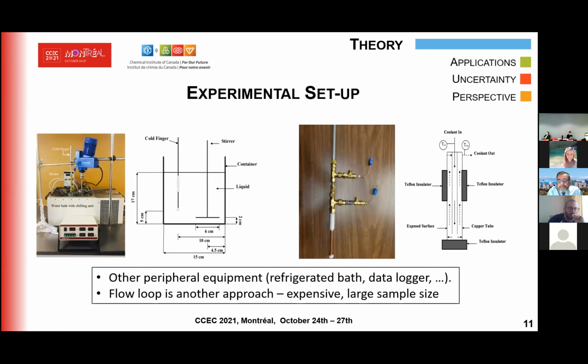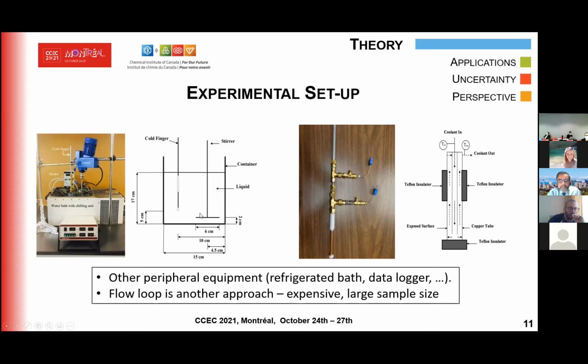Experimental apparatus is pretty straightforward. This is, on the right-hand side, basically a simple heat exchanger. And the exposed copper surface is where the deposition takes place. Coolant flows through the cold finger. This cold finger is dipped into a liquid bath from which we are studying deposition.